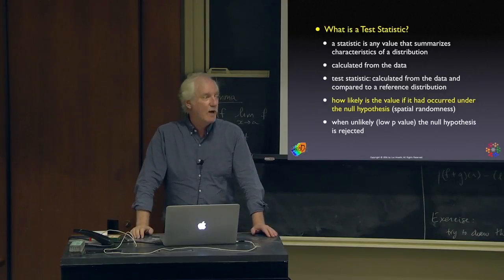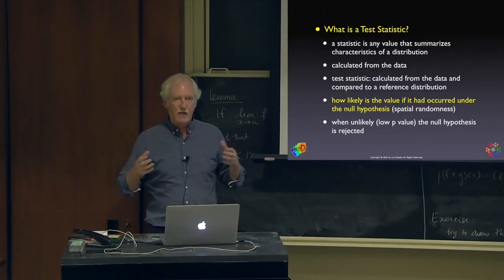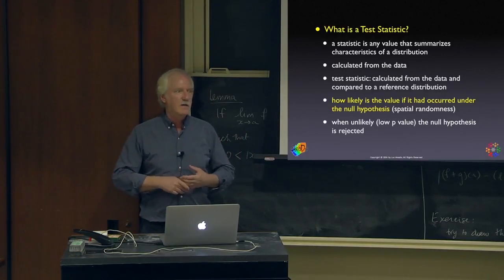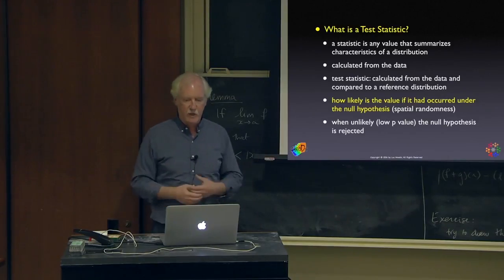Okay, so maybe most of you know this. A statistic is really just something that you calculate from the data. It's like the average or the largest number or the smallest number. You get it from the data.